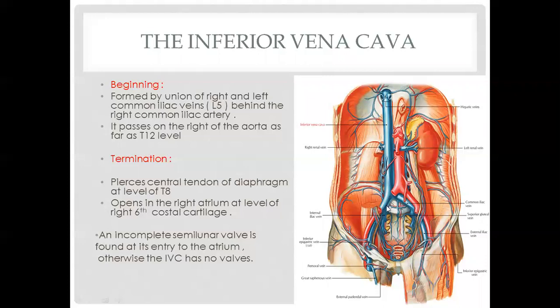It passes on to the right of the aorta as far as the level of T12. It pierces the diaphragmatic tendon at the level of T8 and opens into the atrium at the level of the 6th costal cartilage.